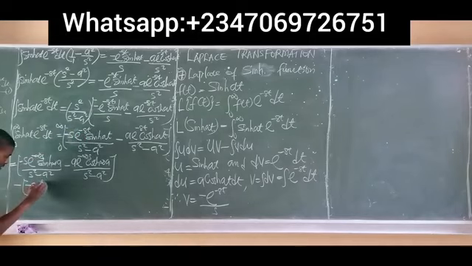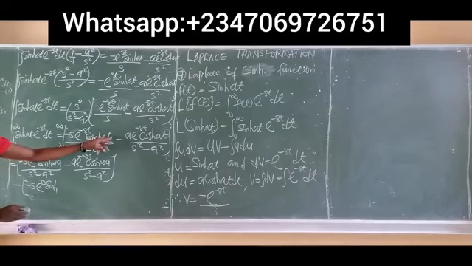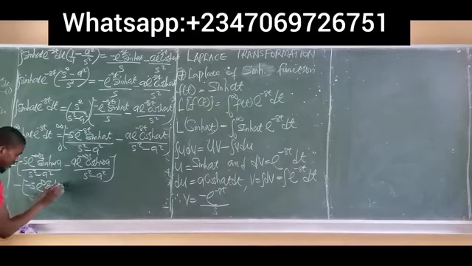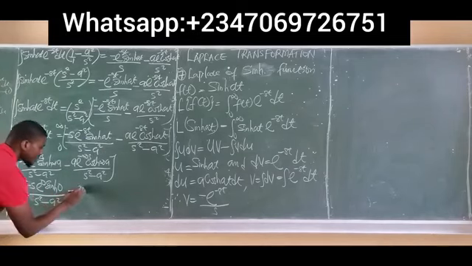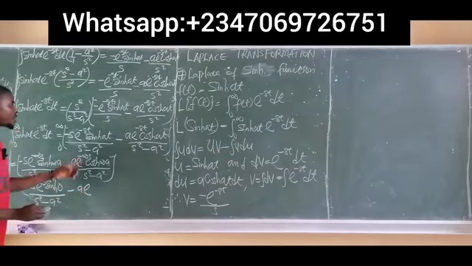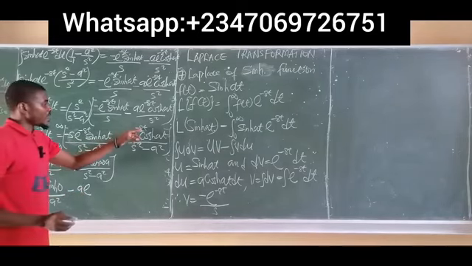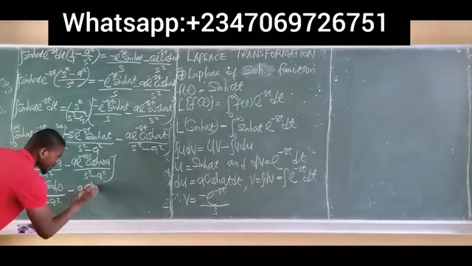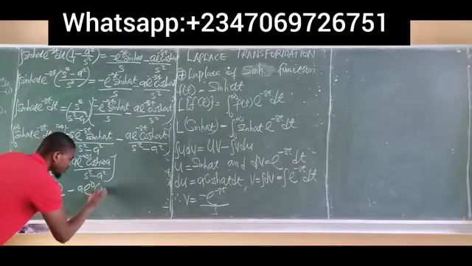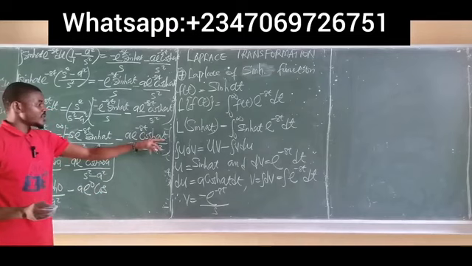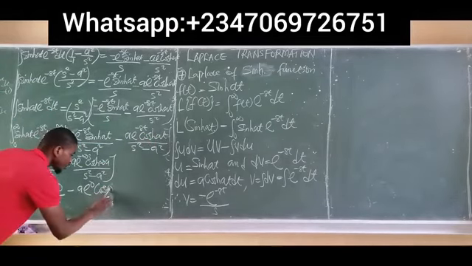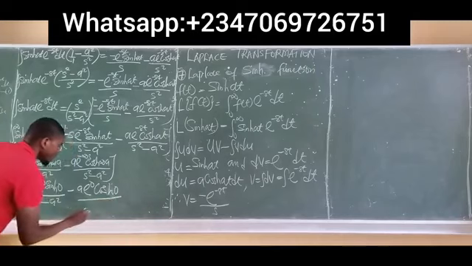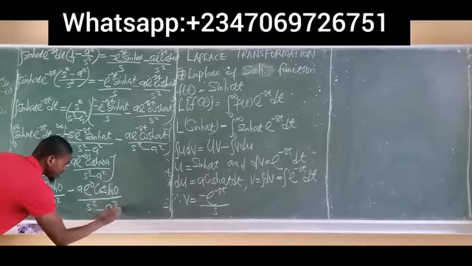So we simply have e to the power of 0 and sine at, where 0 times a is 0, so sine 0 all over s squared minus a squared, minus a e to the power of minus st, where t is 0, so it becomes e to the power of 0, and cos at with 0 times a remaining 0, so cos 0 all over s squared minus a squared.